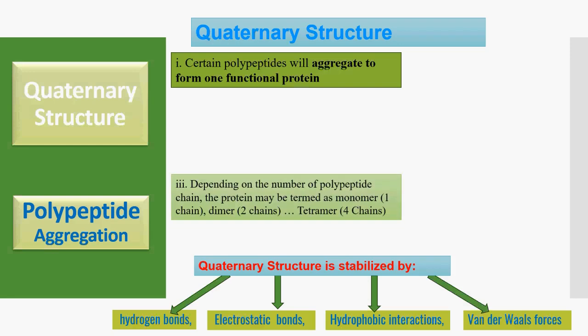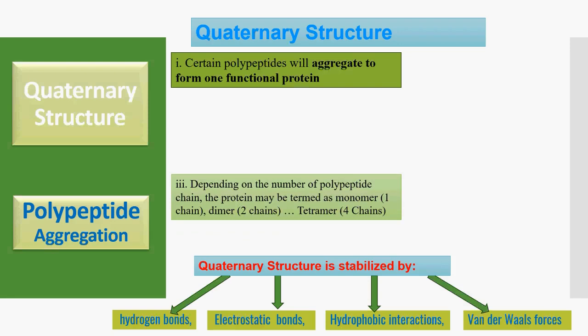Depending on the number of polypeptide chains in the quaternary structure, the protein can be named a dimer, where it contains 2 polypeptide chains, each with its tertiary structure. It can form 2 separate units that come together into one functional group.